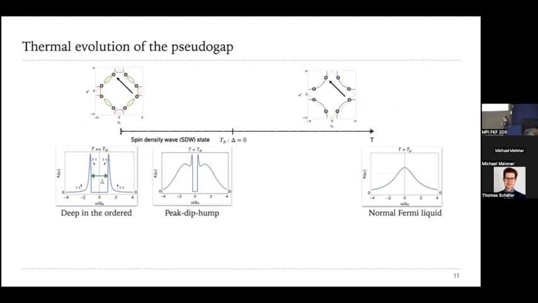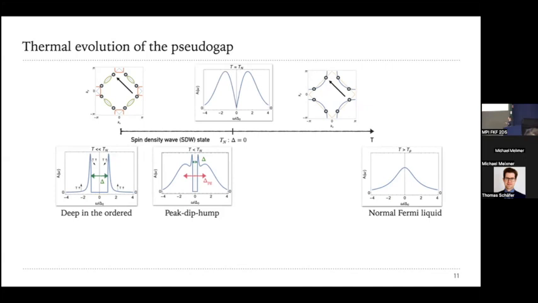So as the temperature increases from the SDW ordered state closer to the Néel temperature, we expect to see two gap features. The first one is a small gap set by the mean field SDW order, and the larger one, which we call a hump, is another gap scale, which is the pseudogap I refer to.